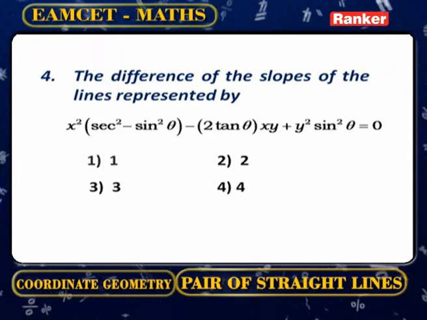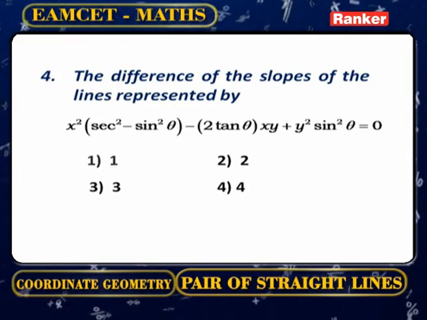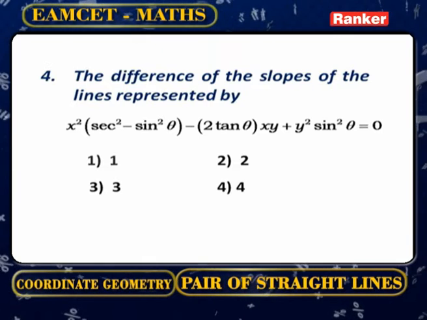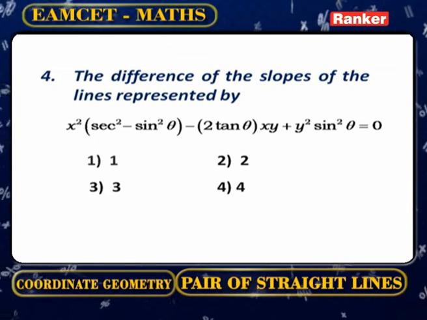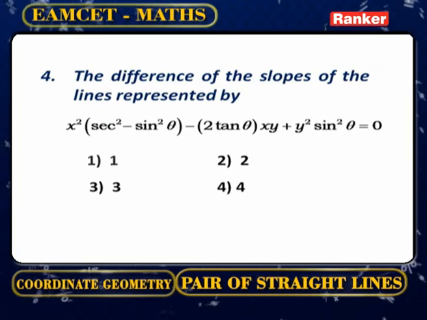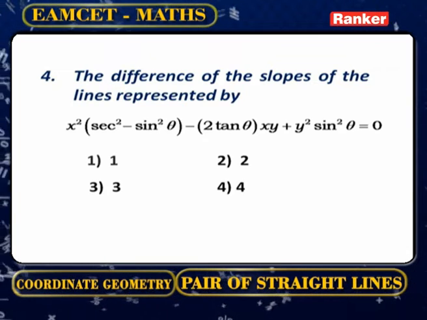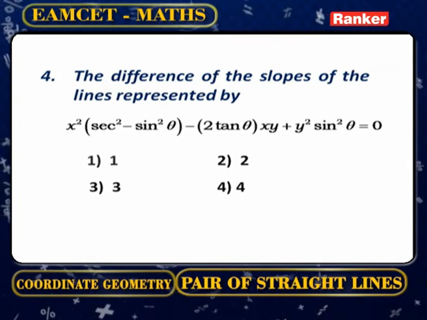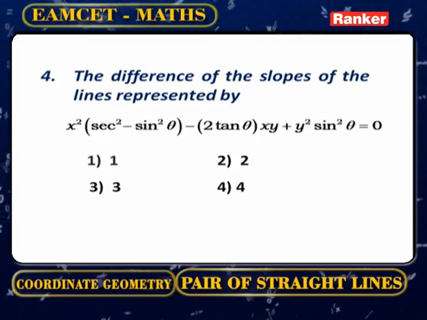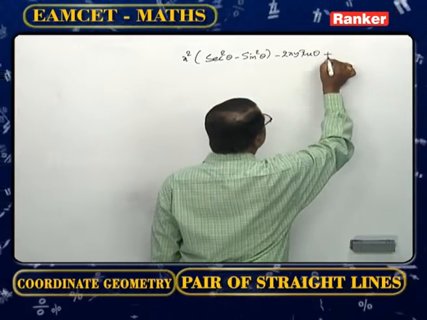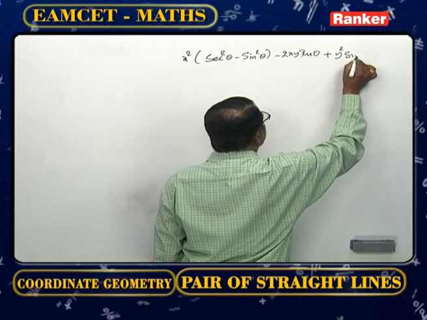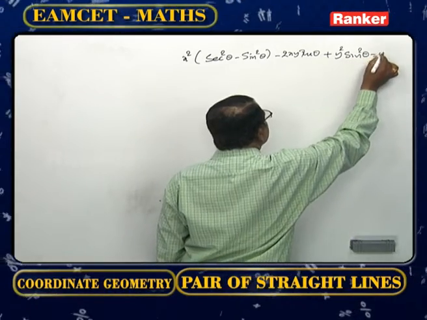The difference of slopes of the lines represented by x square into sec square theta minus sin square theta, minus 2xy tan theta, plus y square sin square theta equals 0.